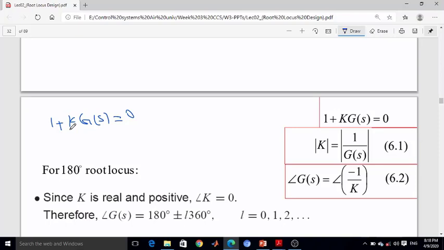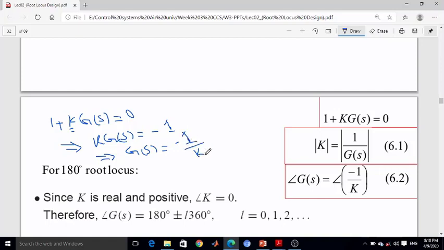Since k is considered to be a positive number, we will have a plus sign here, and by simplification I can write kg of s is equal to minus 1, and further I can write g of s is equal to minus 1 over k.